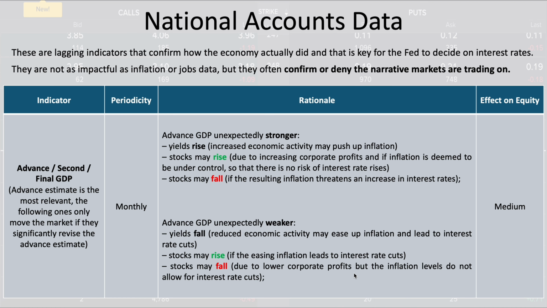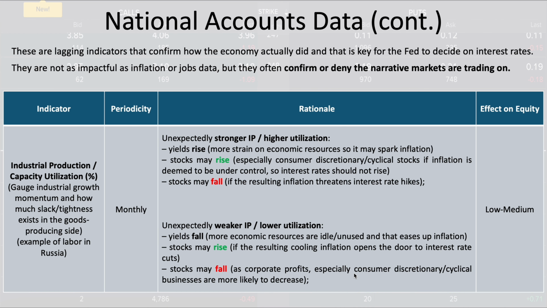But the advance is the most important reading, and again, I don't need to explain this much further. The same reasoning applies as for the leading economic indicators when it comes to unexpectedly stronger or unexpectedly weaker readings. The reasoning is the same, and so I don't need to repeat myself any further. This is basically the way you should interpret this information for your trades. But again, the impact is not that big, and usually it is only the advance estimate that moves the market, if it happens to move.